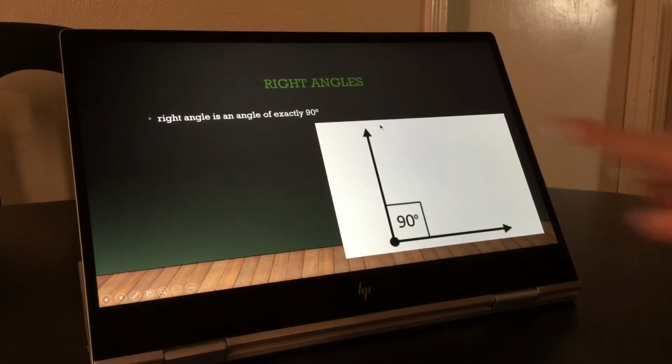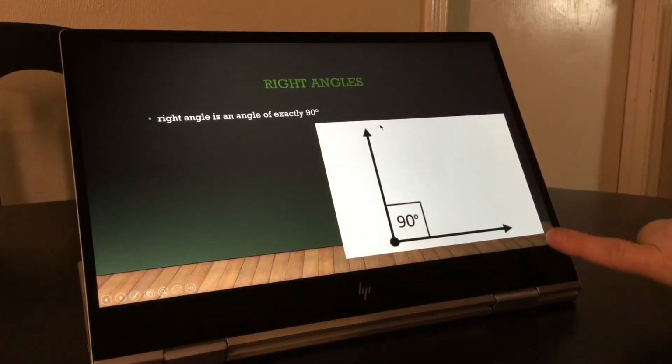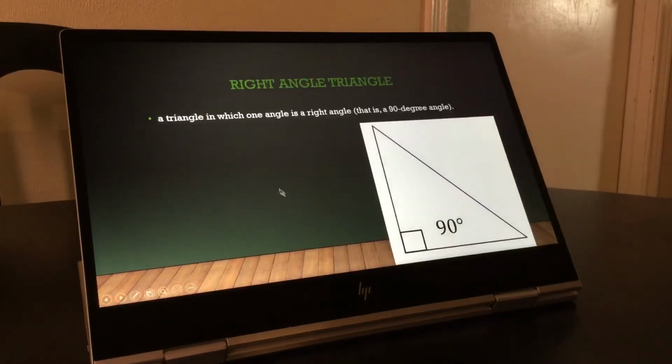Alright, so if we drew a line right here from that point to here, we would have a triangle. Super simple. So you're going to have one angle that is 90 degrees, and then the other 2 will be whatever they are. All you are looking for is the square, and that is the easiest way to determine if it is a right angle.